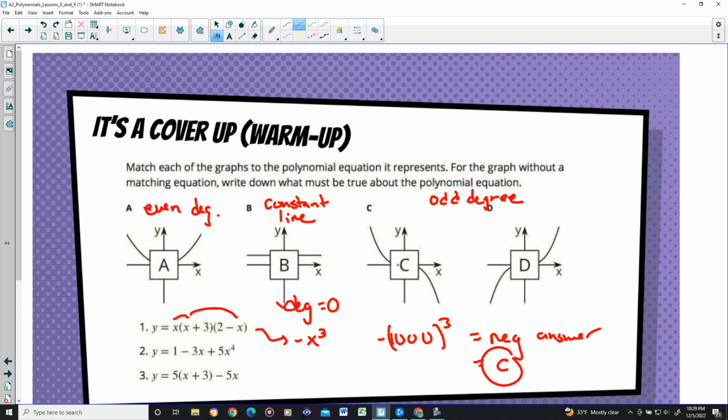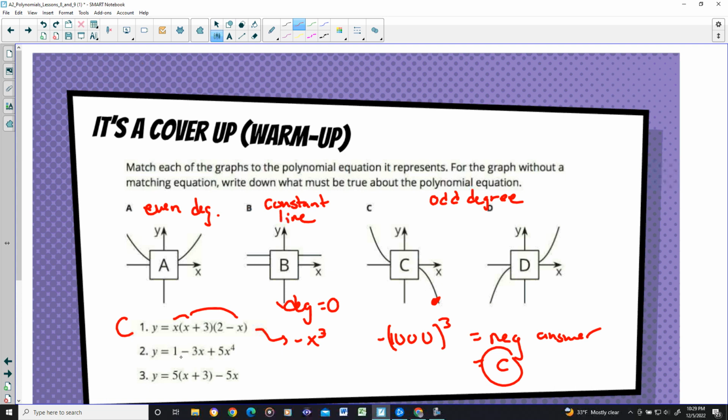It's going to be C, because a positive 1,000 is going to lead you to a negative answer. Okay. So do you think then that this might be true anytime your leading coefficient is negative? Could it be, if that term is negative, that the graph is shaped like that? Possibly so.